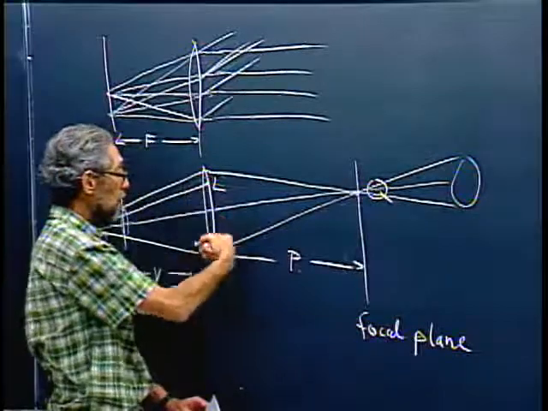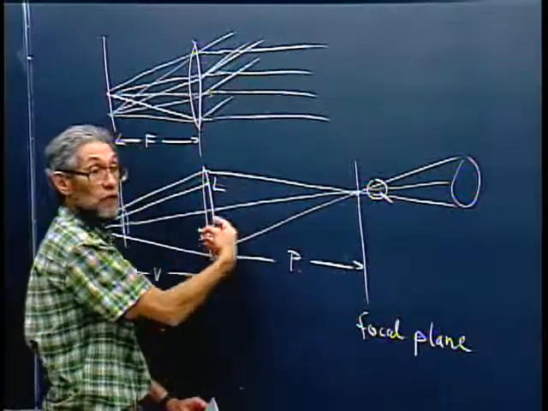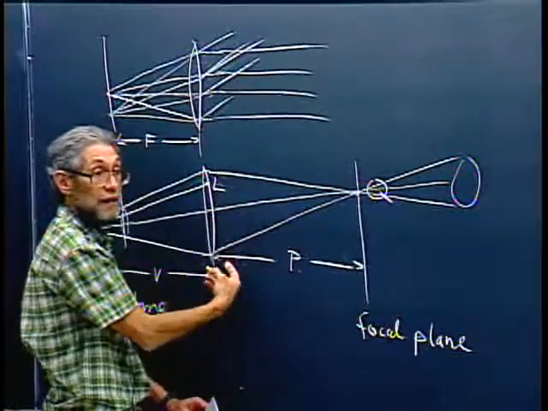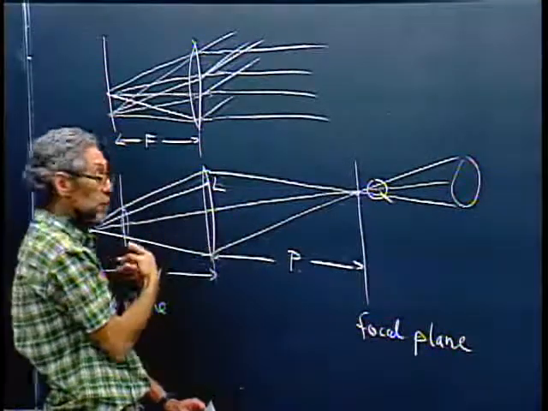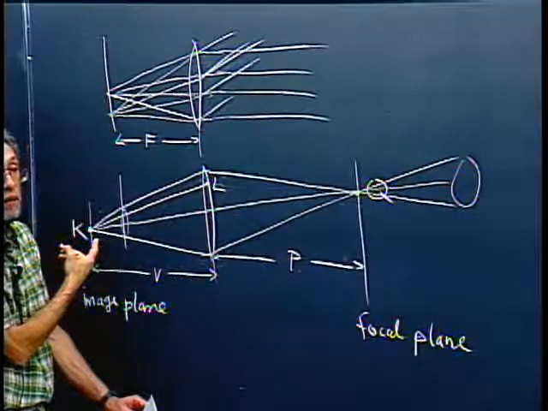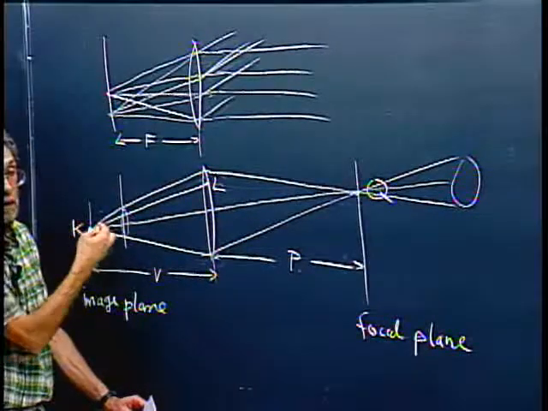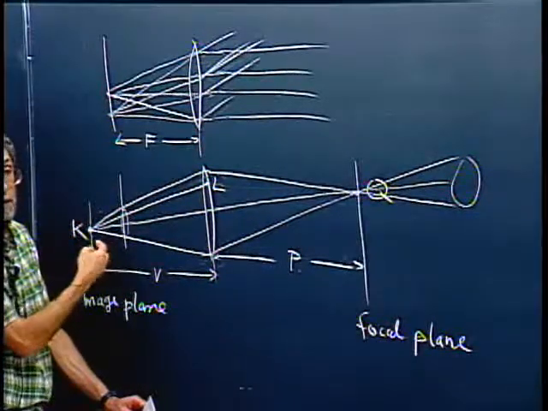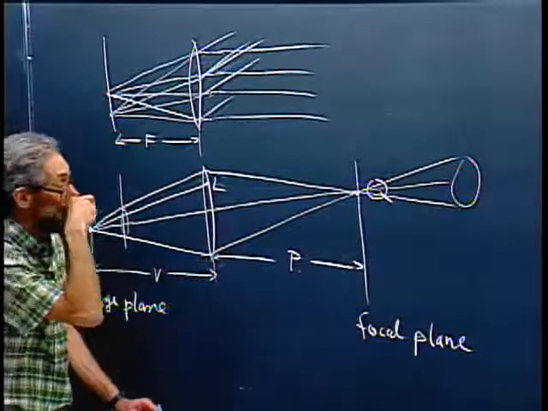Then if we take enough random points, it's equivalent to integrating over the area of the lens and getting all the rays that contribute to the irradiance at this point K, where you have a CCD sensor or film chemistry that's gathering that light energy.